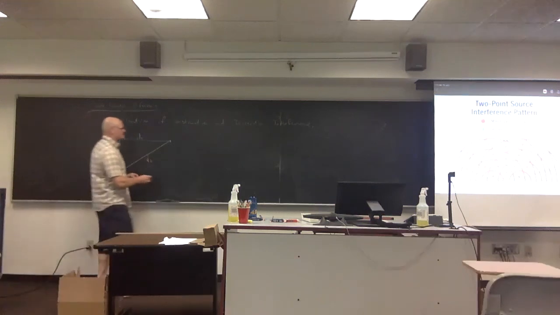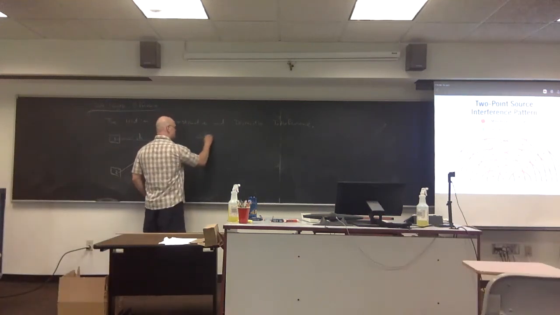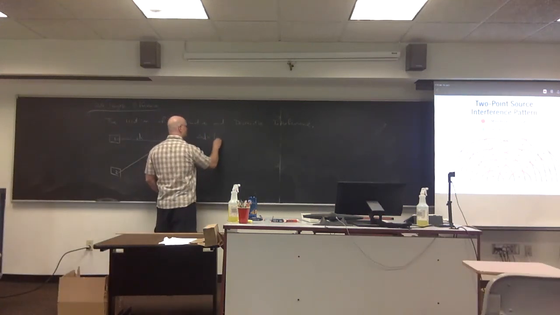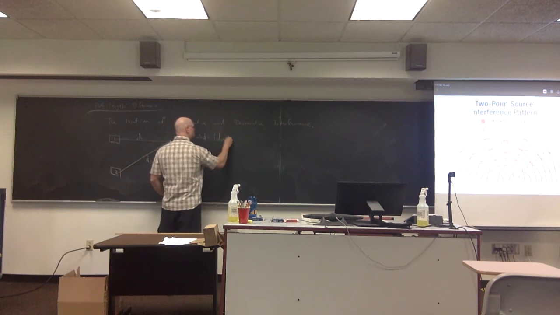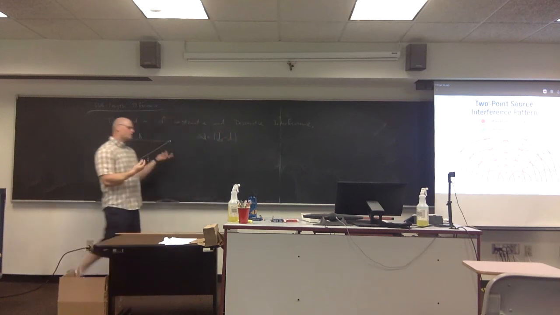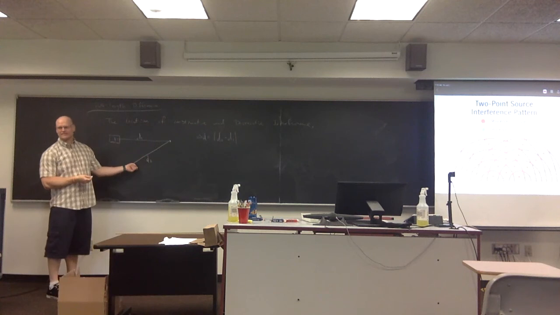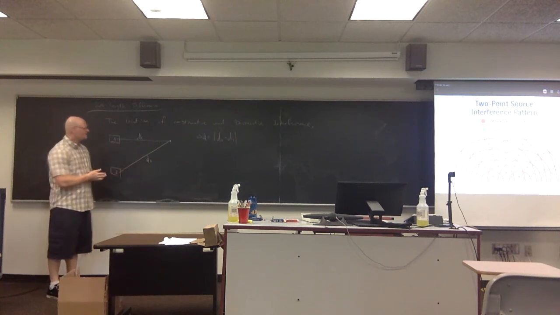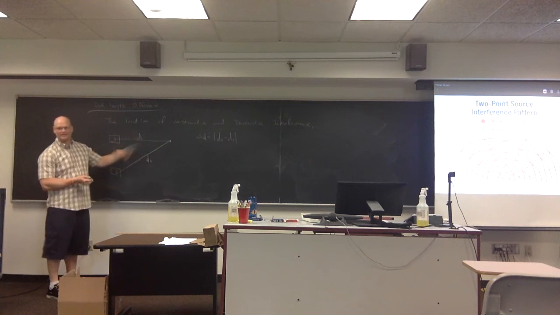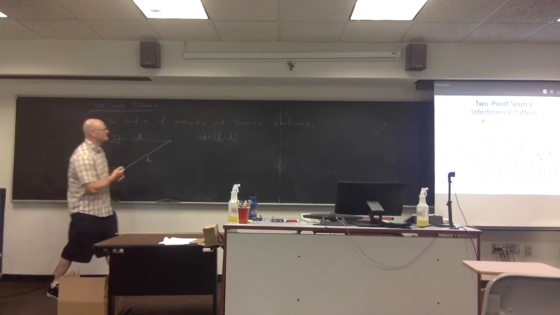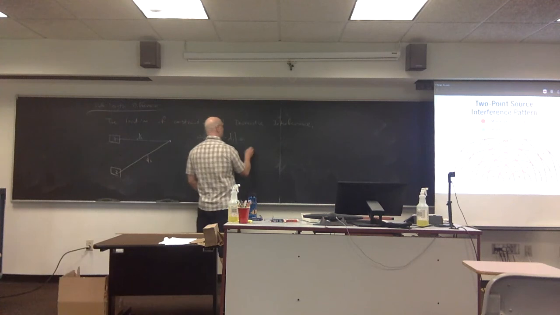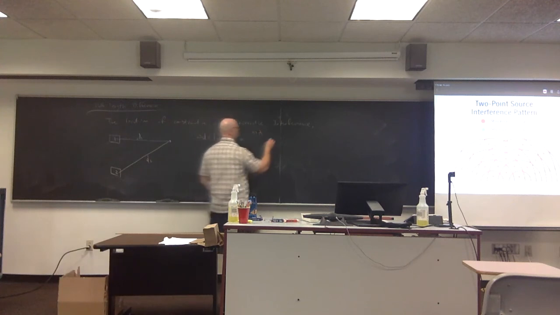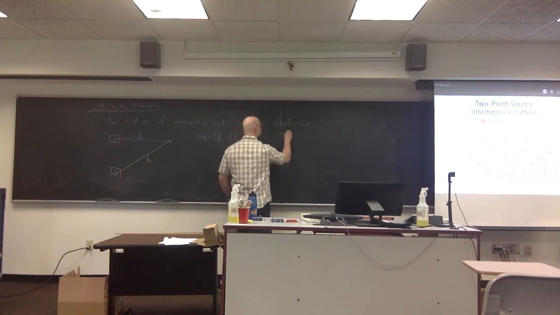So the path length difference, which we're going to call delta D, is equal to the absolute value of D2 minus D1. I'm only putting an absolute value on here just to make sure this is positive, because it might turn out that D1 is greater than D2, which means it would end up being negative. So if this is equal to an integer multiple of the wavelength, this gives us constructive interference.